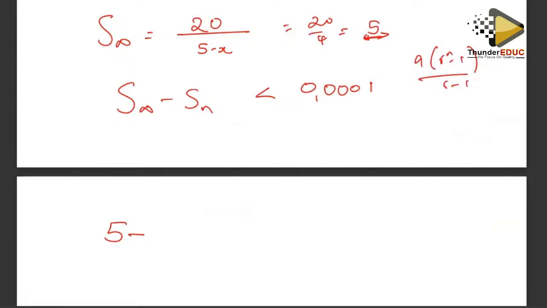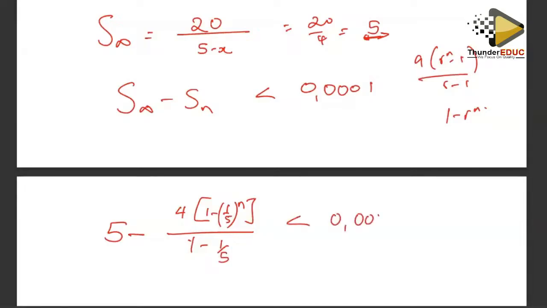But we could also use 1 minus r^n, no problem. So 5 minus brackets, our first term is still 4, into 1 minus 1 over 5 to the n, over 1 minus 1 over 5, should be less than 0.0001.